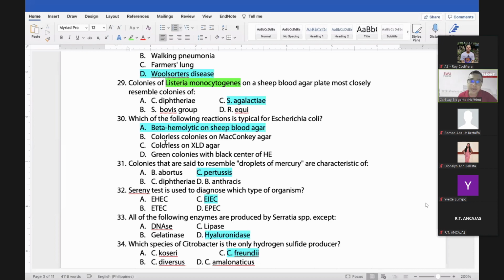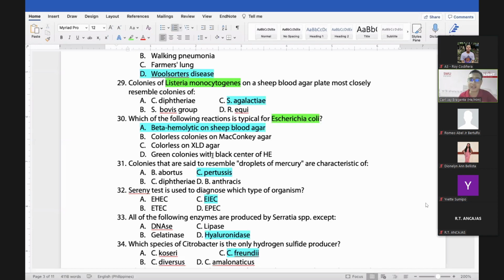So, B and C are never the correct answer, class, colorless, because always remember that E. coli is a lactose fermenter organism. So again, if the organism is a lactose fermenter, it will appear on MacConkey as colored. So those can never be the correct answer.